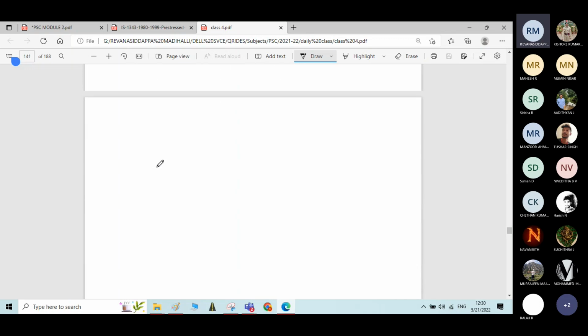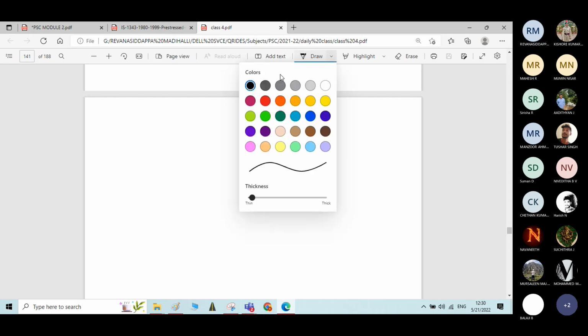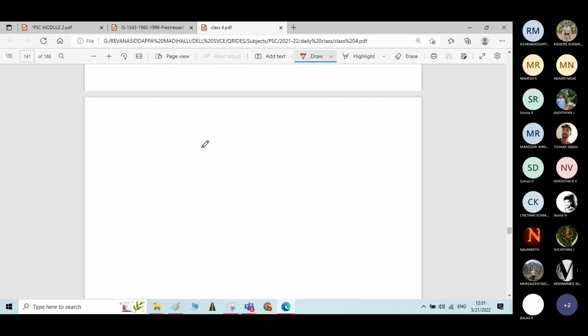Okay, now you make a tabular column. Make a tabular column. In the first column, you write type of loss. In the second column, you write pre-tensioned beam.